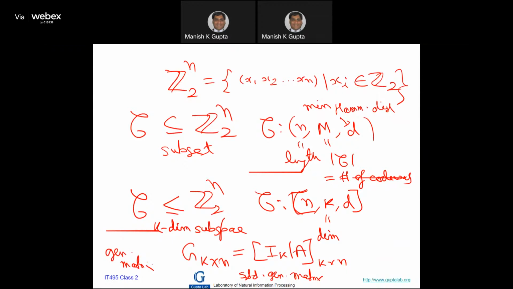Z2 has only two elements, 0 or 1. How many vectors will there be? 2 raised to the power k, because each choice of lambda gives two possibilities: 2 into 2 into 2. So the cardinality of C will be 2 raised to the power k. In case of a linear code, the dimension of C is k, so the cardinality of C is 2 raised to the power k.